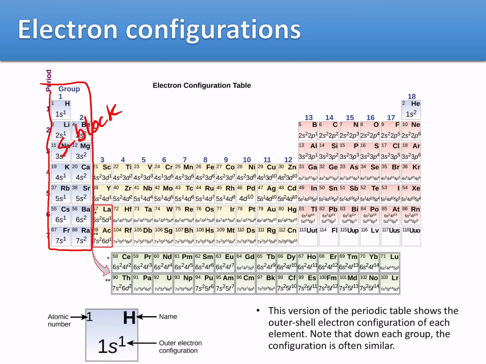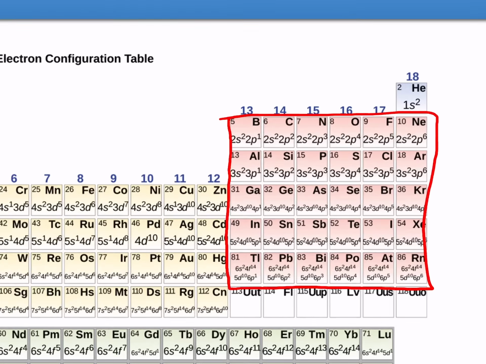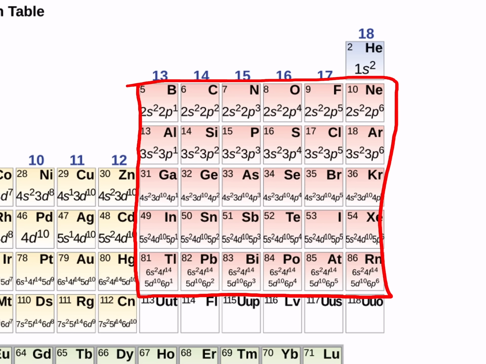Now we take a look at the side of the nonmetals. Here the last electron is going into a p orbital, so the last orbital being filled here is a p orbital, and this is the p block.